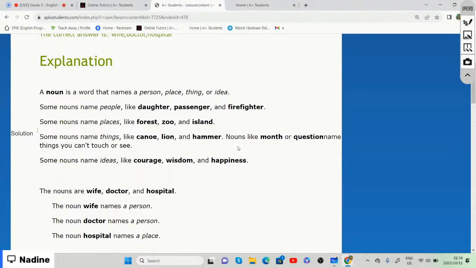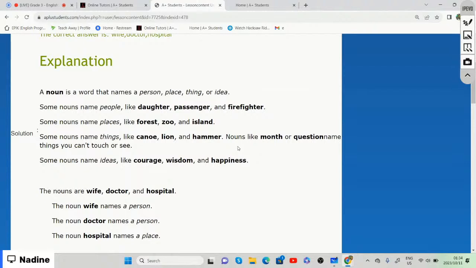And then we also have things, right? Things can either be, in this case, animals as well as objects, right? So nouns, they name things like either a canoe, dog or cat, hammer, bowl, right? So those are nouns that name things.